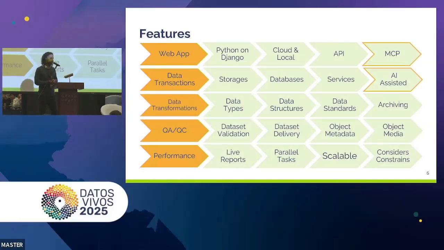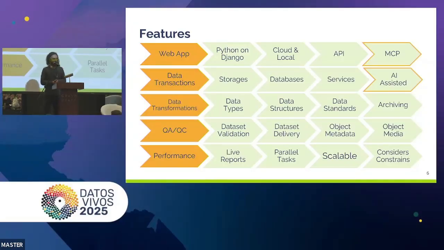Many features have been developed in the last years on Data Hub. It's a web app based on the Django framework that can run custom Python scripts. You can deploy it on the cloud or locally. You have a machine-readable interface to communicate with this service, and also an MCP layer that makes it AI-readable, which I will explain a bit later.